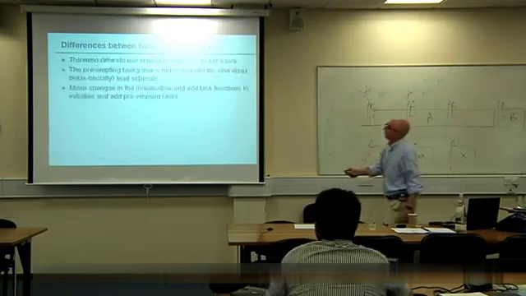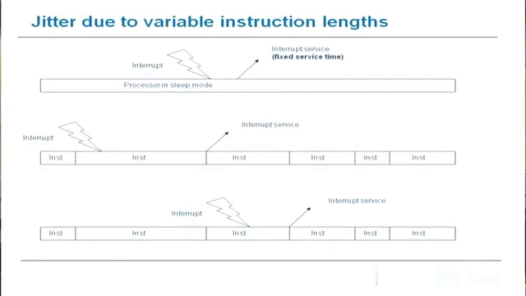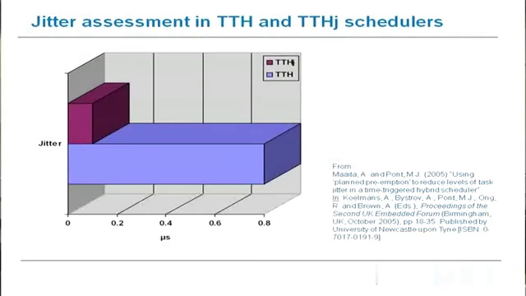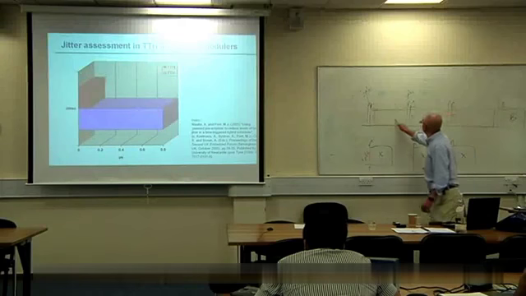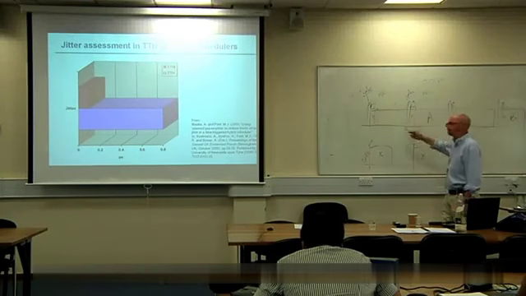Let's just take you forward. So this is what happens, and these are some of the impacts. We had somebody do a PhD in this area as well over a few years. This is an ARM7 microcontroller running a TTH scheduler in this form without the idle mode added in, without the second tick.